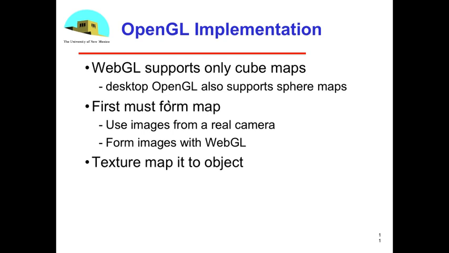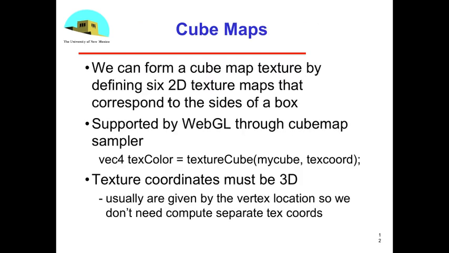So let's look at what it looks like in detail with WebGL. Okay, so as we said, we form the cube map by defining these 6 textures. They're put inside of a texture object. So rather than having a single texture within the texture object, there's going to be 6 of them, each of which has a different identifier telling you which surface it's from.